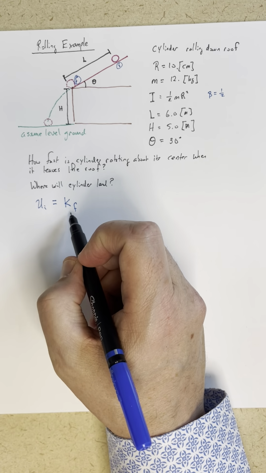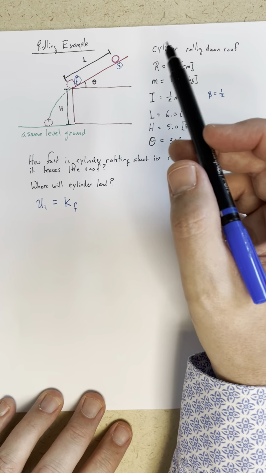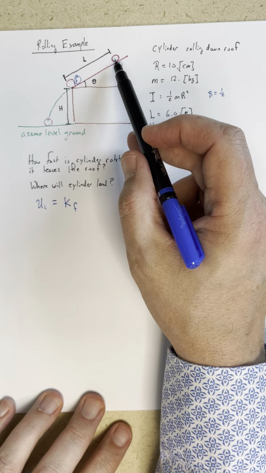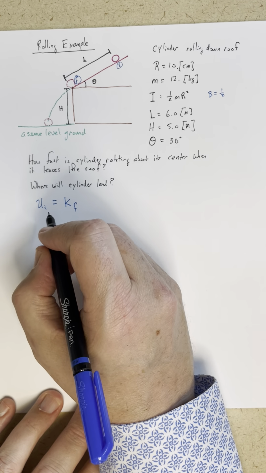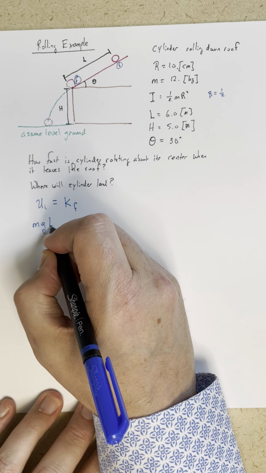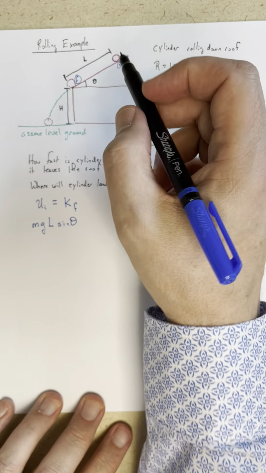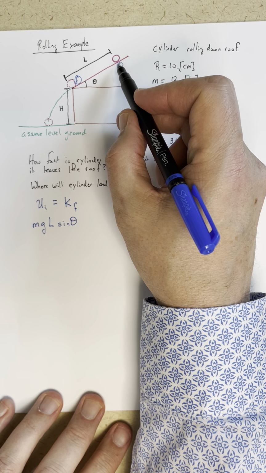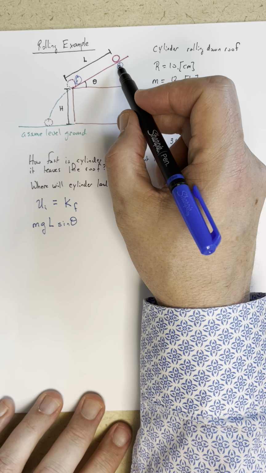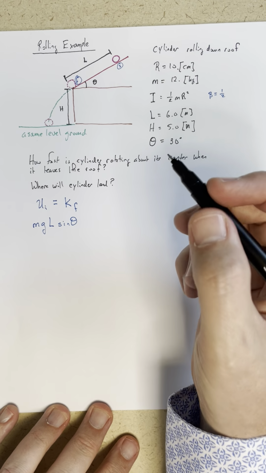Okay, so U initial is K final. Initial gravitational potential energy, we need to know how high up it is. So that's going to be mgL sine of theta. So the height of this point is equal to the hypotenuse times sine of theta.